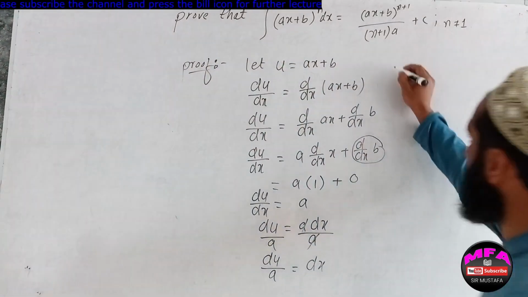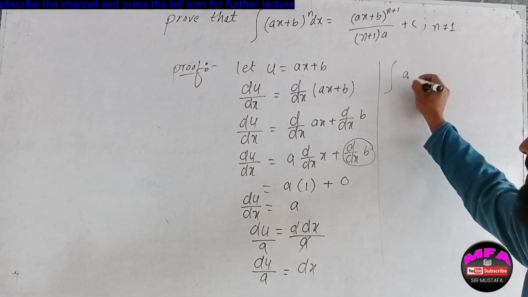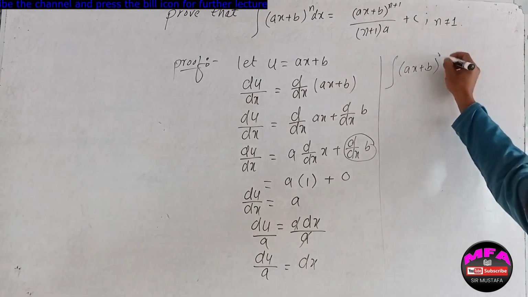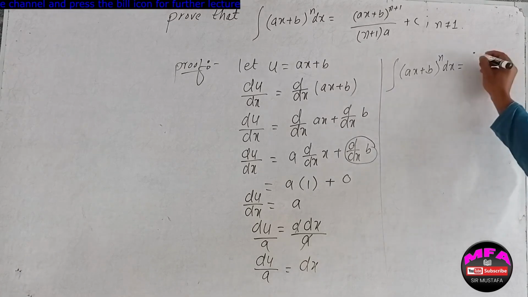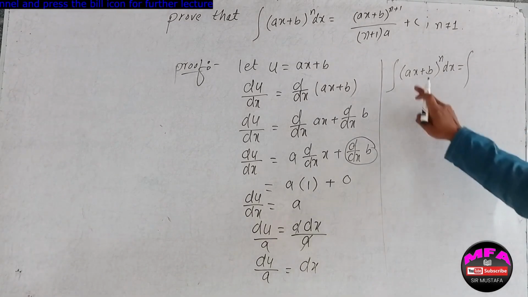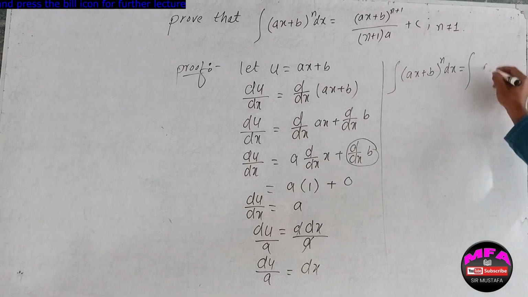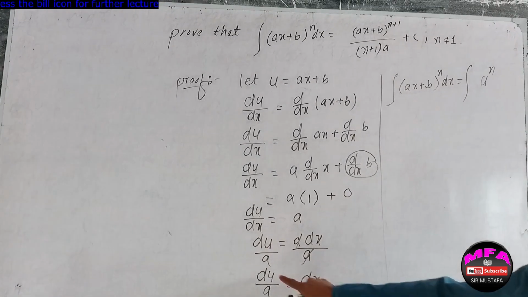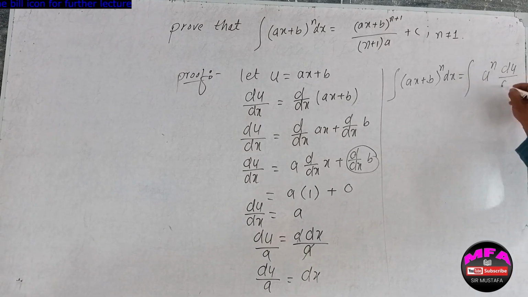Now the integral of (ax + b)^n dx equal to, put the value of ax + b equal to u, so u to the power n, and dx is equal to du divided by a.